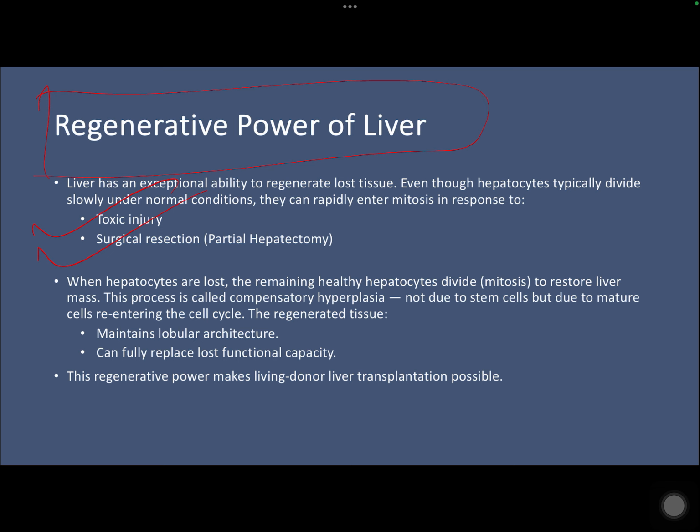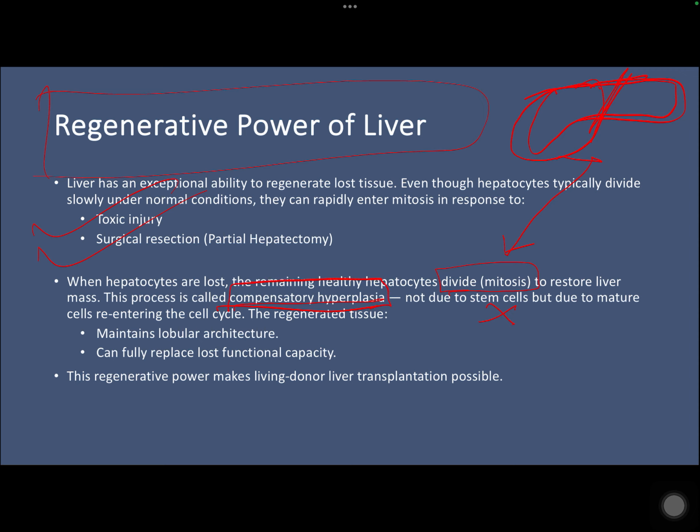This happens because of mitosis. If part of the liver is removed, the remaining part undergoes mitosis and regenerates to form a complete liver, and this is known as compensatory hyperplasia. So there is no role of stem cells, it is purely compensatory hyperplasia.